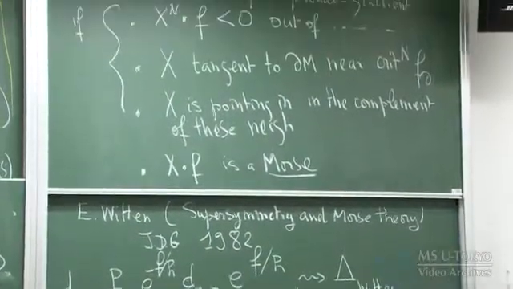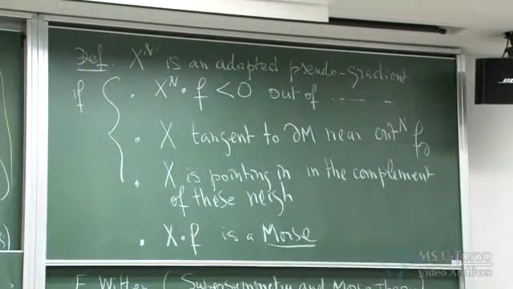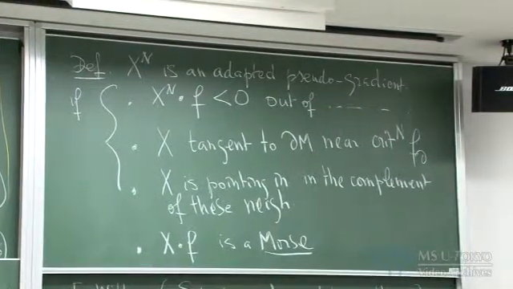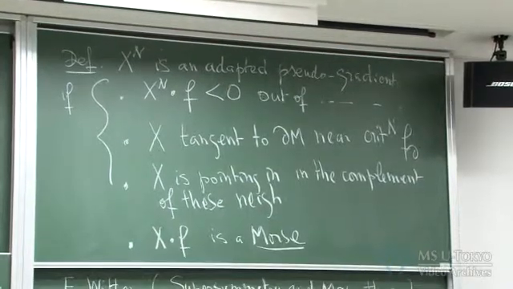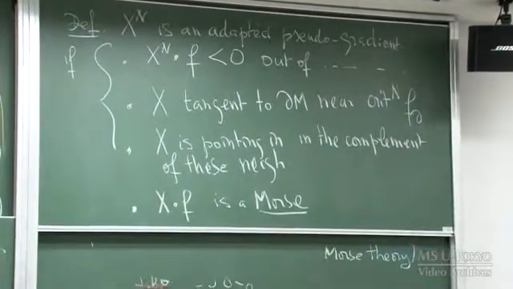So I explained that with such a vector field, you have a differential, as usual, due to the following property.